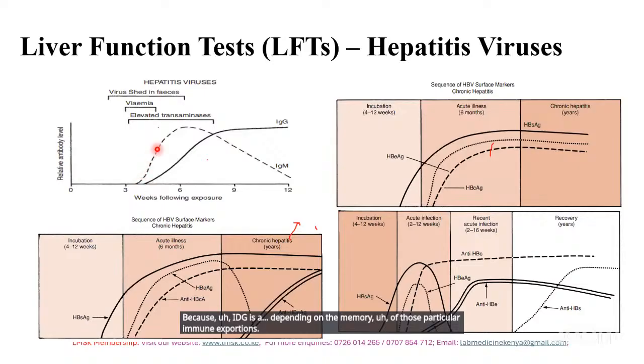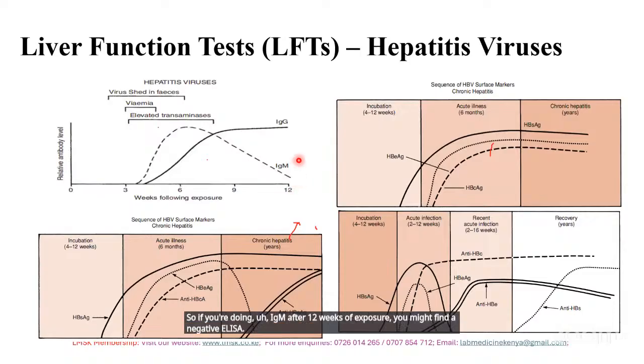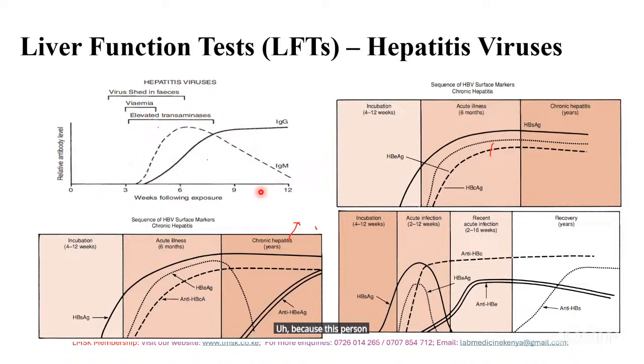But IgM will rise after 6 weeks, it's at the maximum, then will fall. So if you're doing IgM after 12 weeks of exposure, you might find a negative ELISA because this person has already remitted, has already come back to normal.